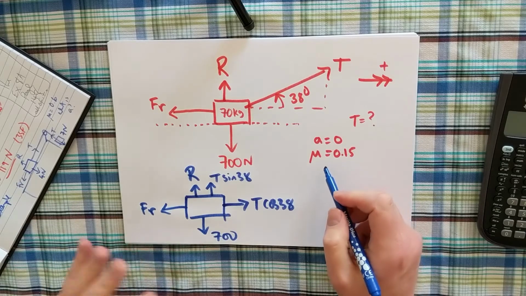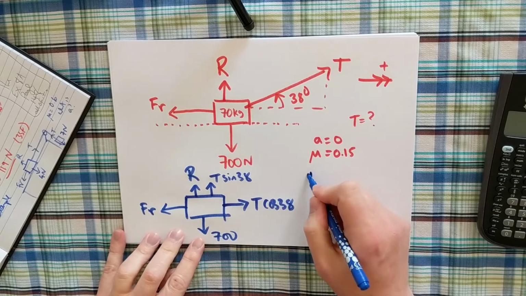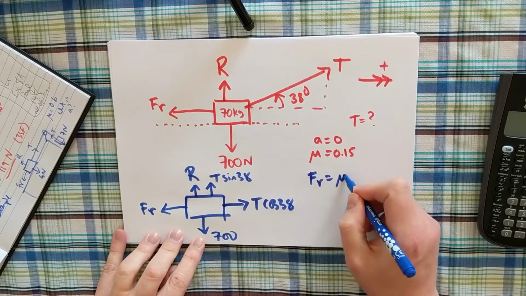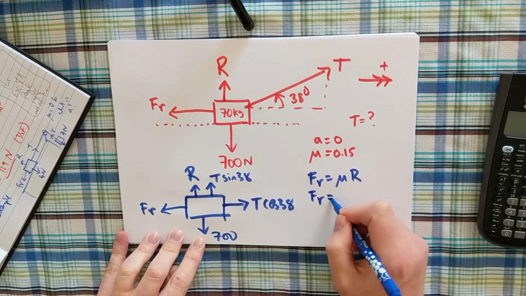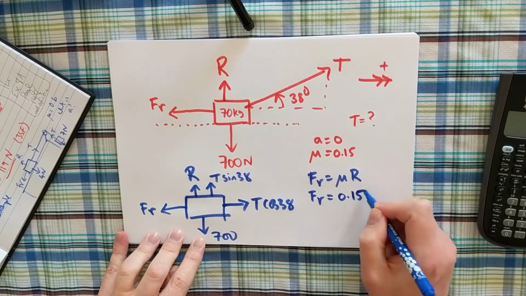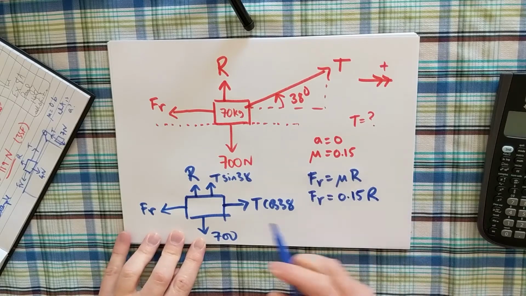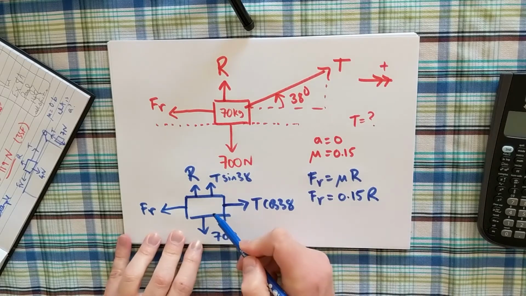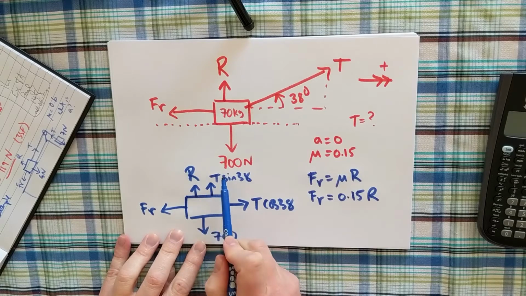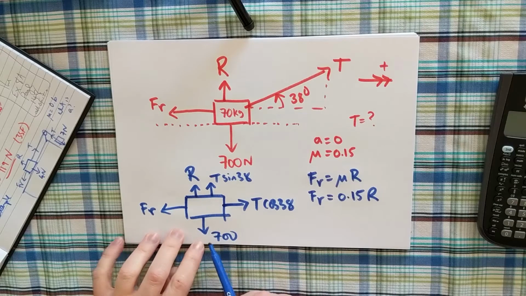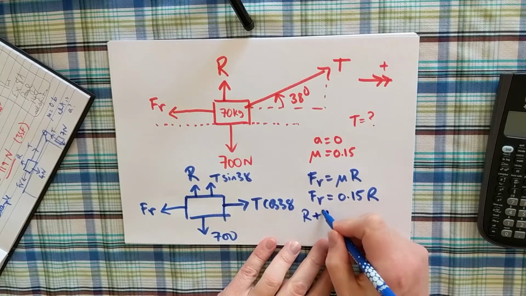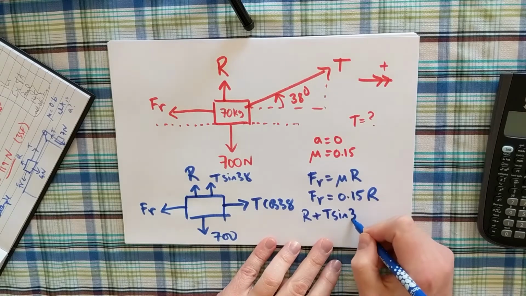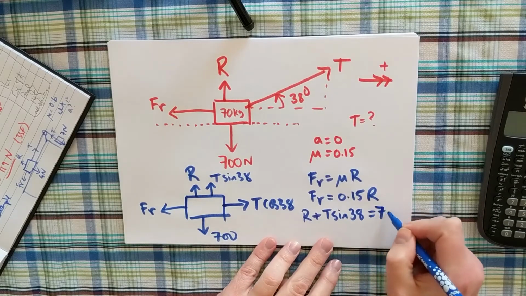Let's focus on the friction to begin with. The formula for friction is equal to mu R. So friction is going to be equal to 0.15 R. Now, because the box is not flying away into space and it's not going through the table, these two together must be the same as 700. So I can say that R plus T sine 38 is equal to 700.